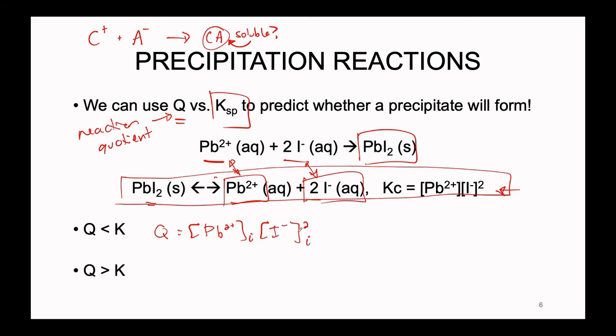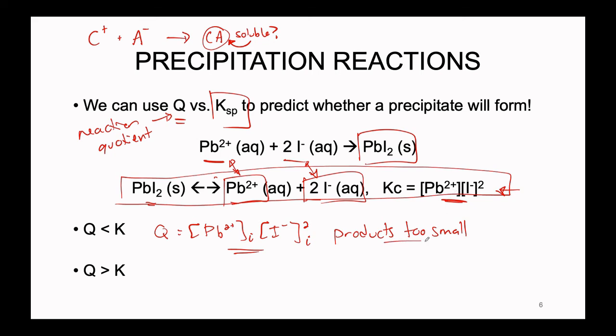squared initially. So if this calculation for Q, when compared to K, is less than K, what this means is that in order for Q to be smaller than K, let's compare the right-hand side since this is where useful information is. The value of our lead concentration and iodide concentration, our products, in other words, are too small. We have too little of our product compared to our equilibrium conditions.